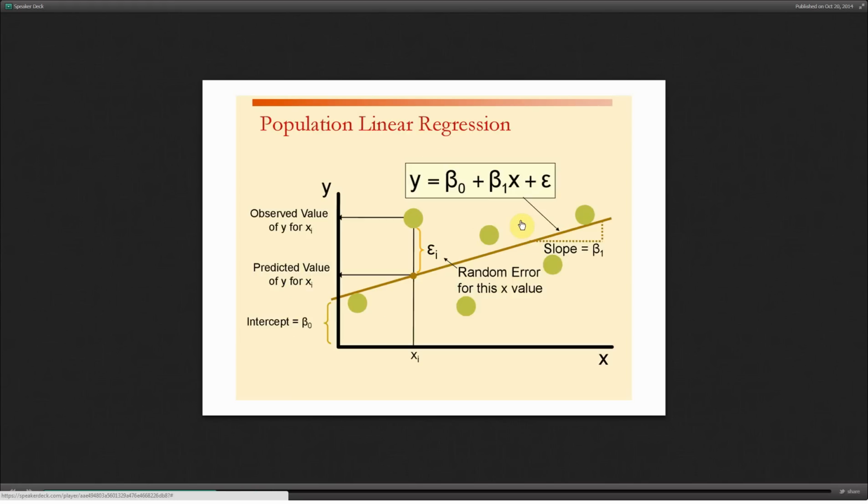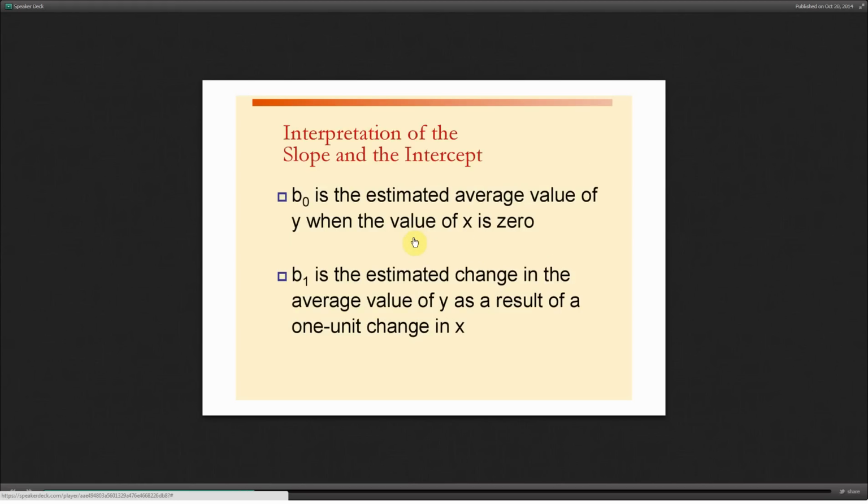In other words, going back to this, it chooses b0 and b1 so that I get a line so that these, which are the errors, so that the sum of the squares, so I take this plus this plus this plus this plus this, all those squared, by the way, is as small as possible.